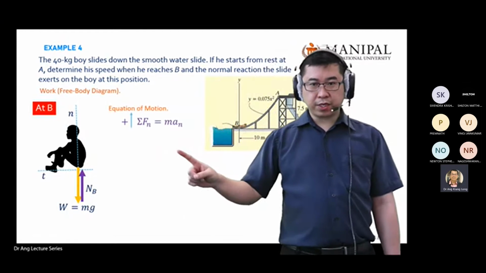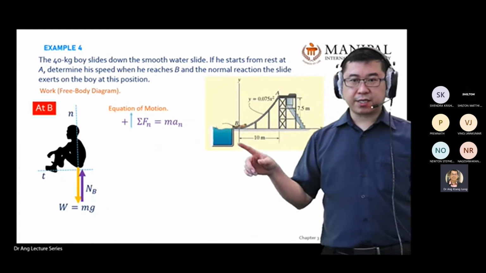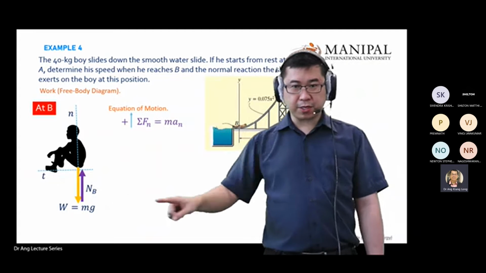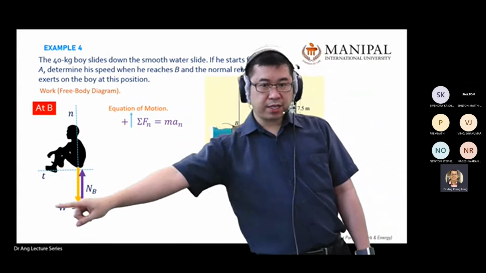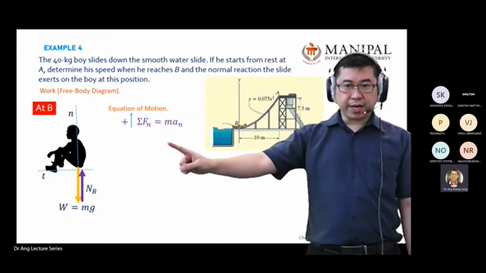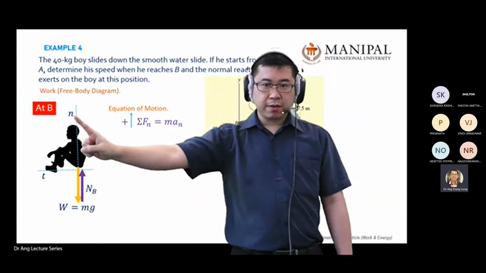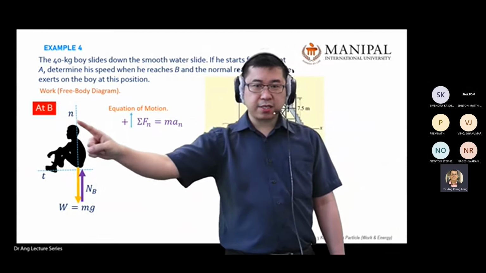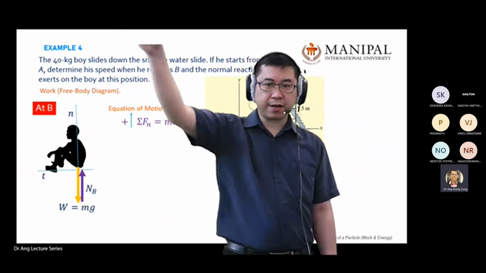So equation of motion here, F equal to ma. In this case, we find the normal forces because we only have normal forces. We don't have T direction. And our normal forces, positive direction going up, because our normal axis is pointing to the center of the curve. So positive direction going up.